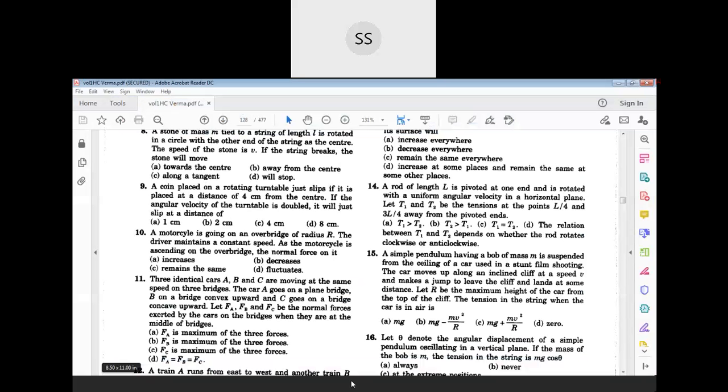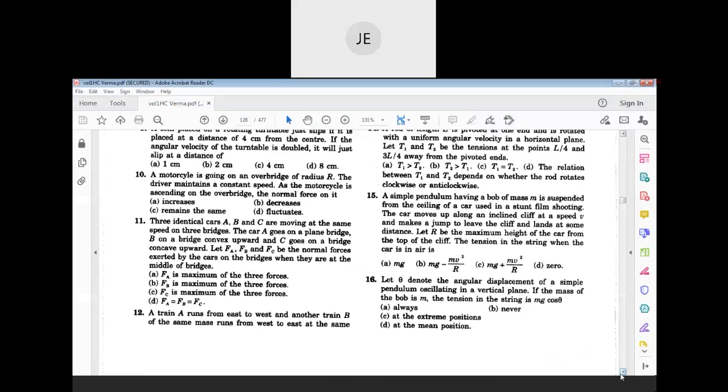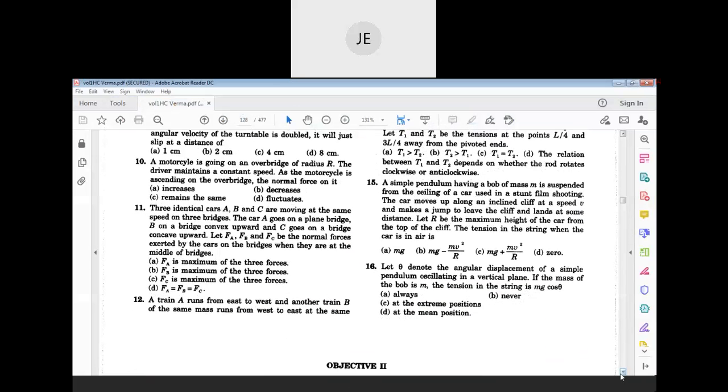The next question. A motorcycle is going on an overbridge of radius r. The driver maintains a constant speed. As the motorcycle is ascending on the overbridge, the normal force on it increases, decreases, remains same, or fluctuates.